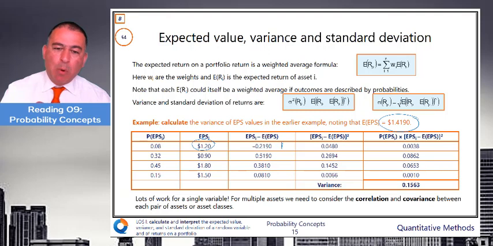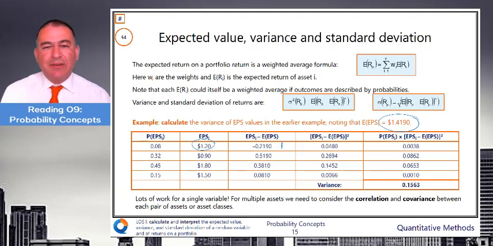We now square it. We want to find the average squared deviation. So the 4th column, EPS minus expected EPS squared. So minus 0.2190 squared gives us 0.0480. And then for the other 3 as well. And then you say it's a weighted average. What's the expected value of the squared deviation from the mean?